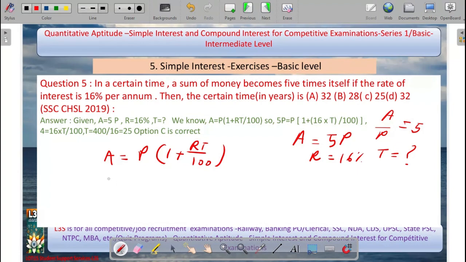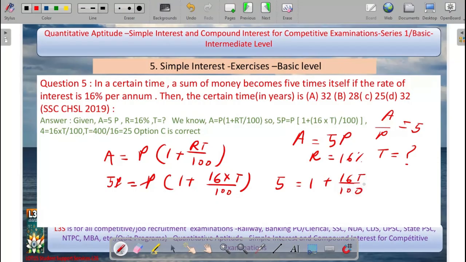So here, instead of A, we can write 5P is equal to P(1 plus 16 into T by 100). Now P, P cancel. So 5 is equal to 1 plus 16T by 100, or 5 minus 1, 4, is equal to 16T by 100.